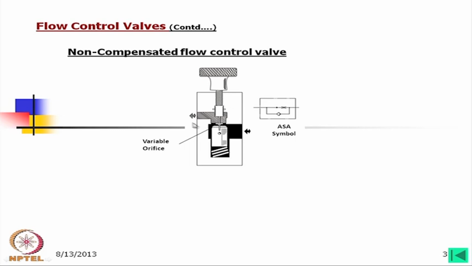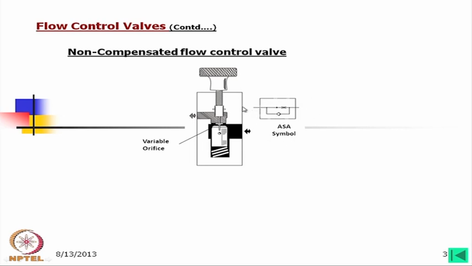On the other hand, if flow comes from the reverse side, that means from the left side, then it can go to the other side by moving this poppet against the spring. Now, as you see, this configuration is represented by this symbol.